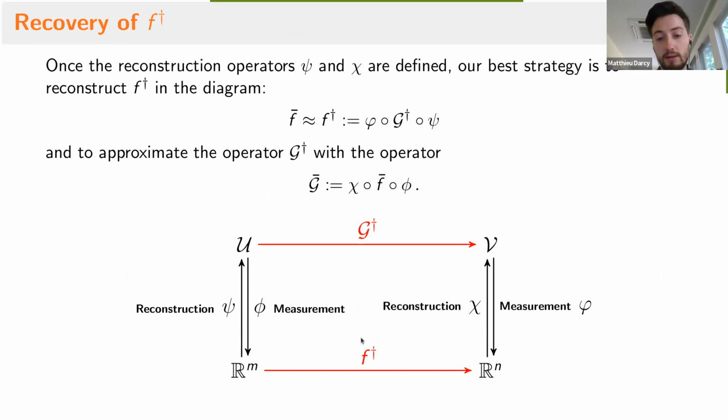And once we've recovered this f dagger, we can define a recovery of G-dagger by doing the inverse operation, meaning we start in U, we go down through the measurements phi to this measurement space Rm, we go through f that we've now learned, and back up through the reconstruction operator chi, which we've defined previously. And this gives us a recovery of the true operator G-dagger.